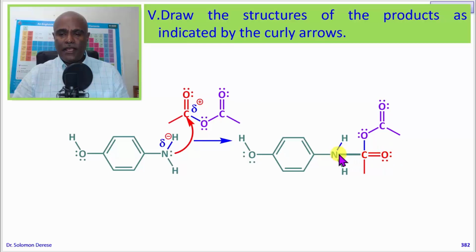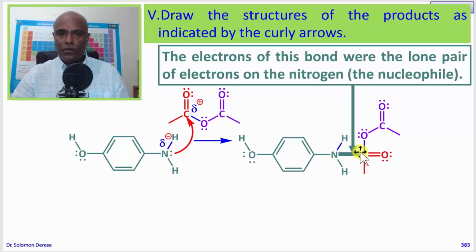The electrons of this bond, the one I have shown in green, were originally the lone pair of electrons on the nitrogen, the nucleophile. It is the nucleophile that provides both electrons required to form a bond with the electrophile. So after the bond is formed, we have this product.